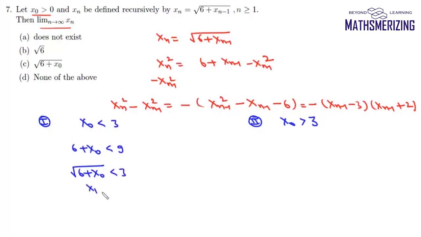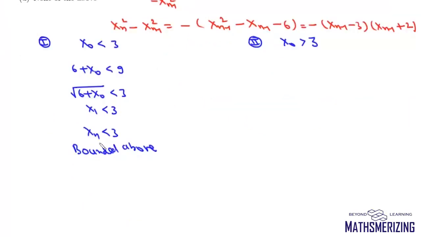We can write x1 will be less than 3, and using same iteration we can write xn will be less than 3. Then in that case this function will be bounded above.